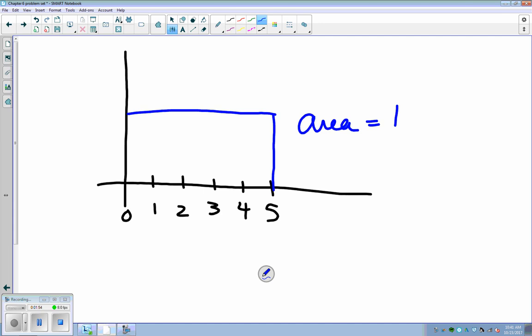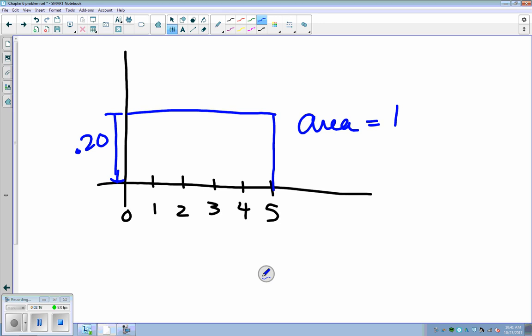So if I've got one side of my rectangle being 5, what do I multiply 5 by? The length of this side here is 0.20, because 0.20 times 5 gives me back 1.